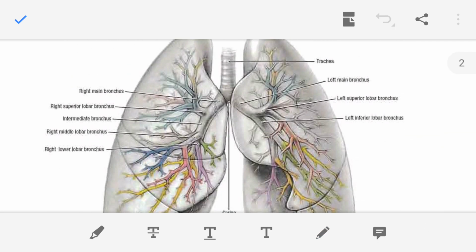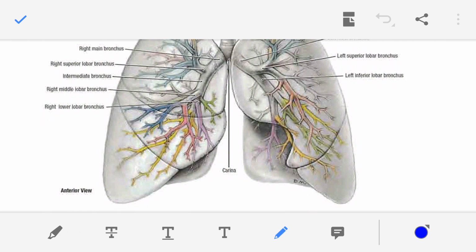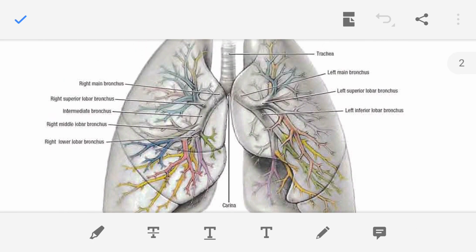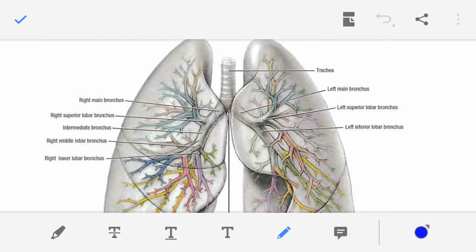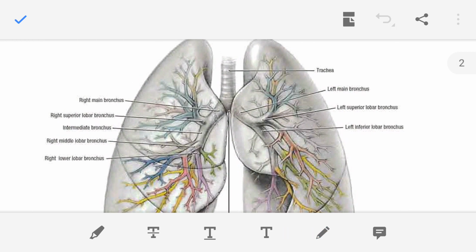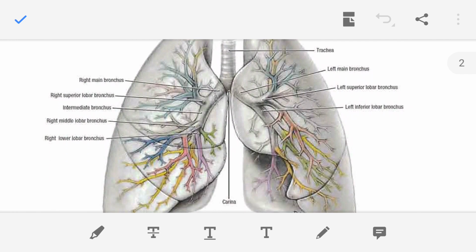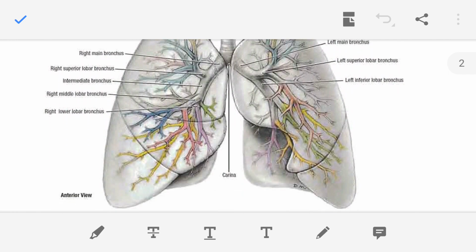So in short, left lung has two lobes, right lung has three lobes.